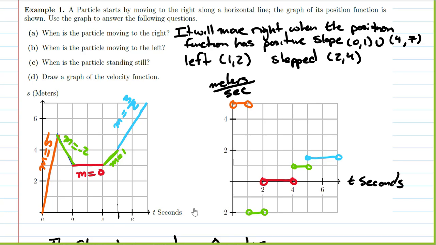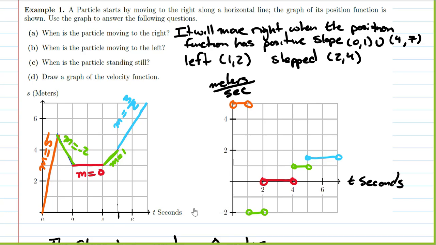The graph of its position function is shown. Use the graph to answer the following questions. Well, what did we decide the velocity of the position function was? When we graphed our velocity function, what did we graph? We graphed its slope, right?